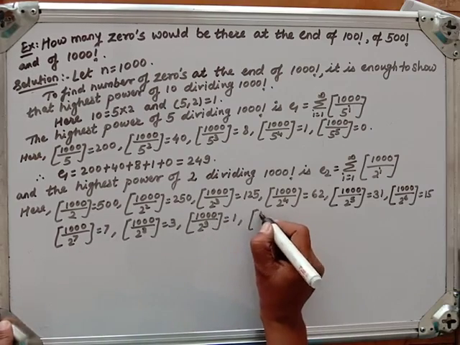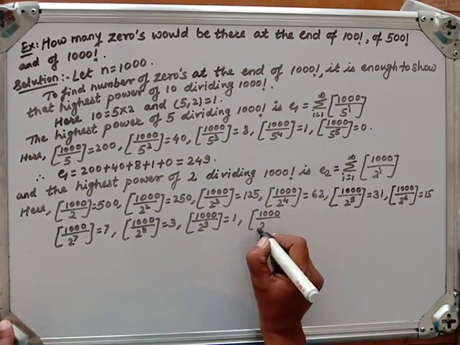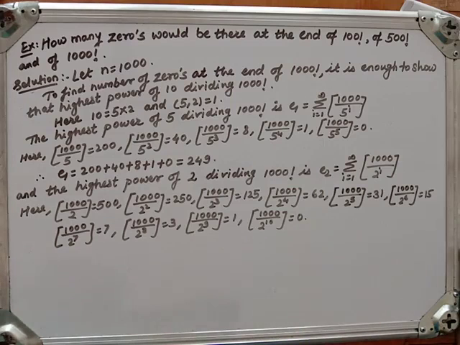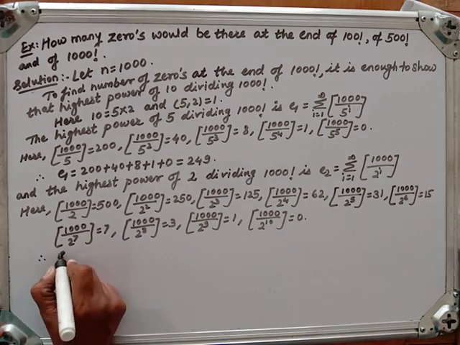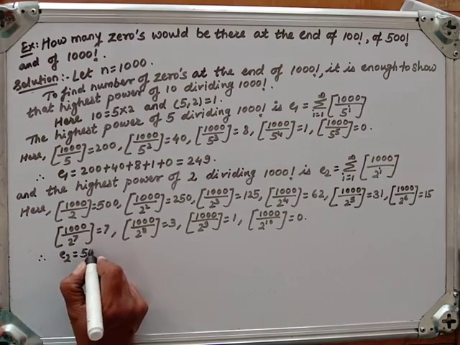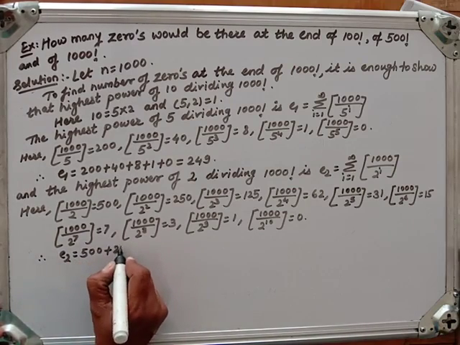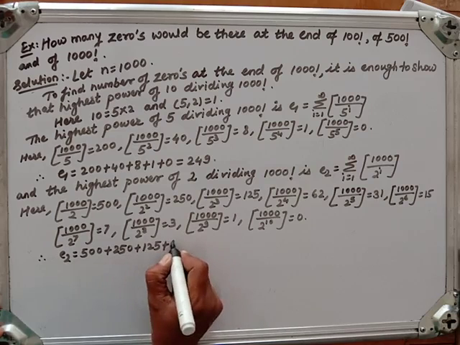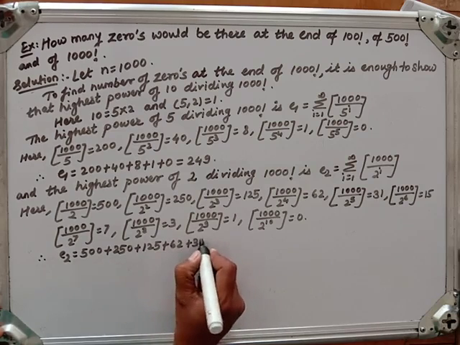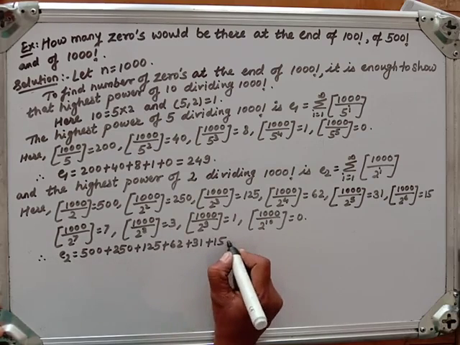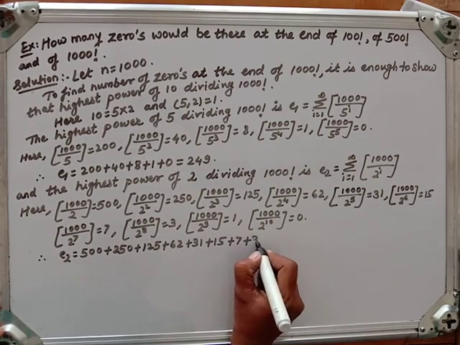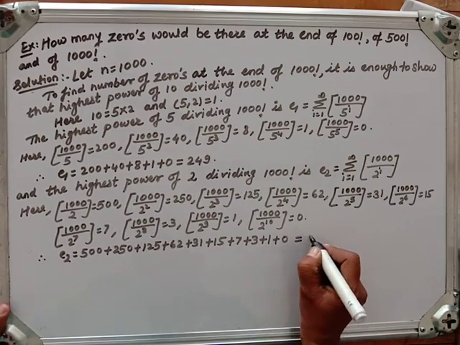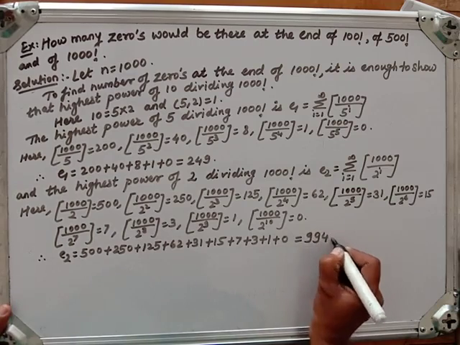And 1000 upon 2 raised to 10, that will be 0. Therefore, E2 equal to 500 plus 250 plus 125 plus 62 plus 31 plus 15 plus 7 plus 3 plus 1 plus 0. So it is 994.